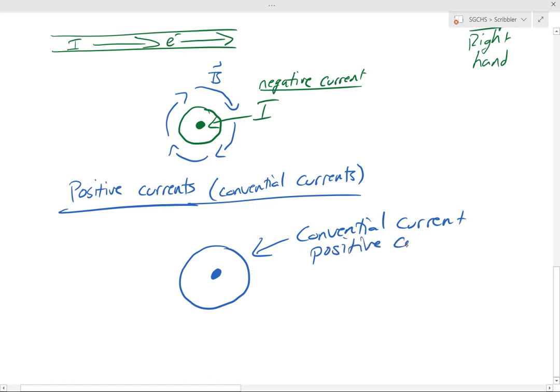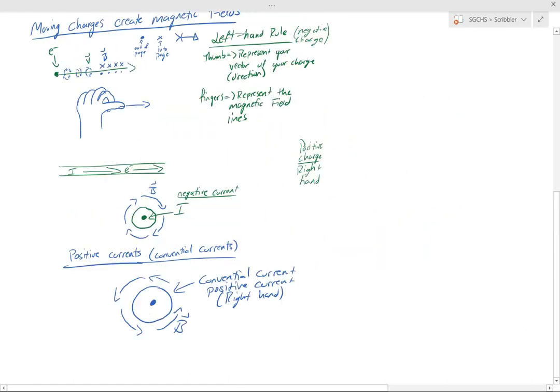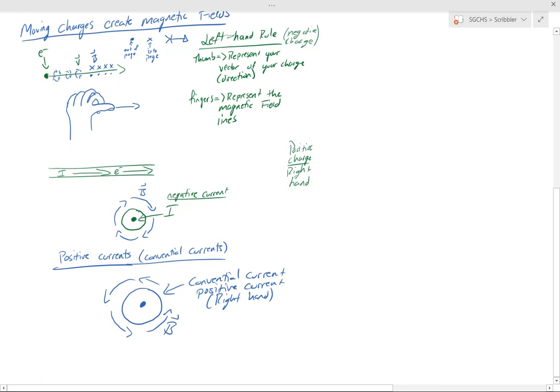So this time you use your right hand with that rule. I'm going to put my thumb pointing up out of the screen because that's where my positive charges are going, and then my fingers are going to wrap around the wire and form a counterclockwise magnetic field.